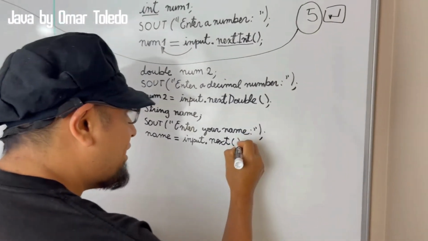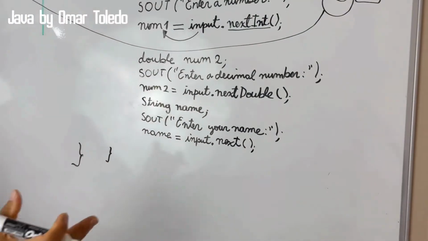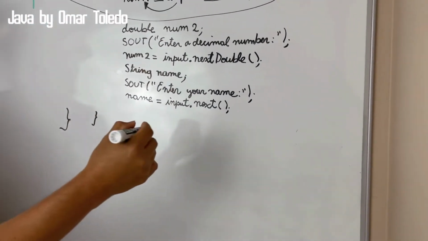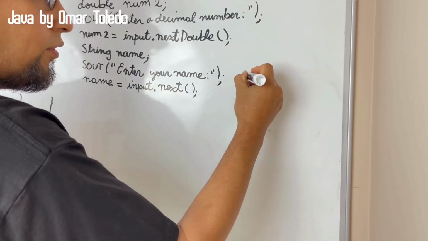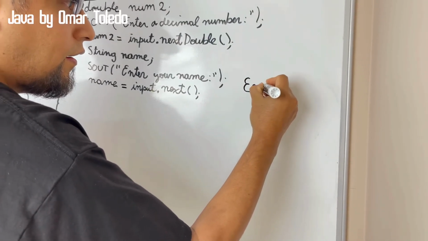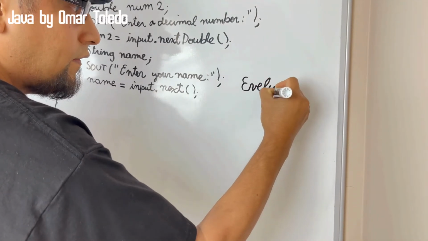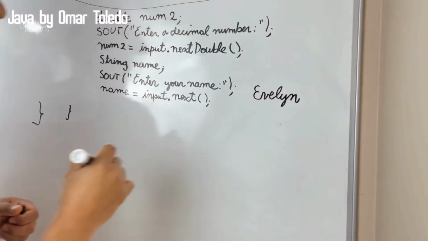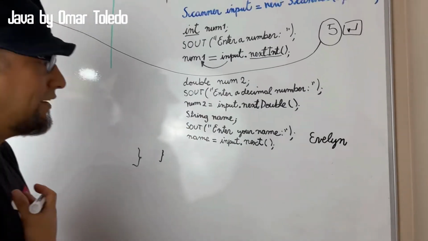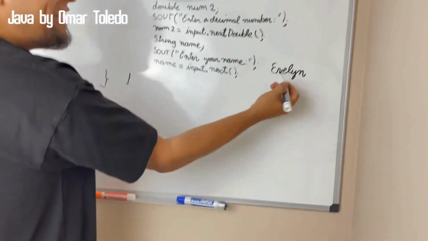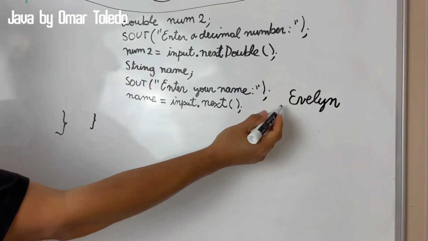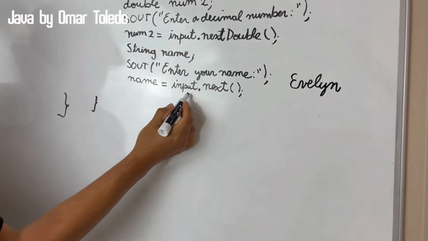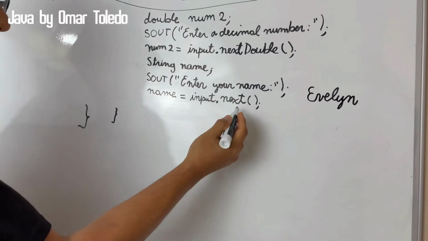Okay, first we're going to use next. But what happened here? Assume that the user types a beautiful name, for example, Evelyn. Beautiful name. So the user typed Evelyn. You're going to capture Evelyn with the scanner input dot next.